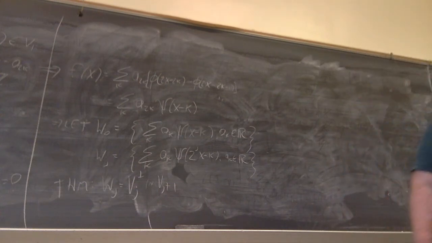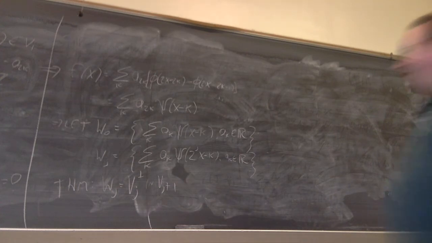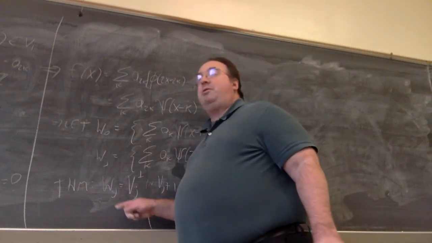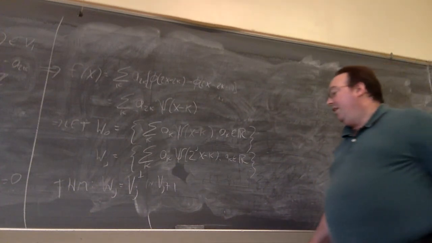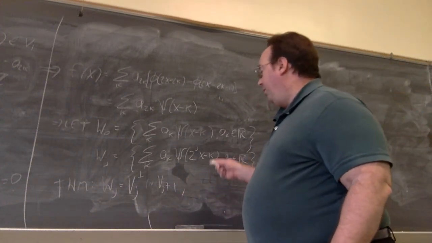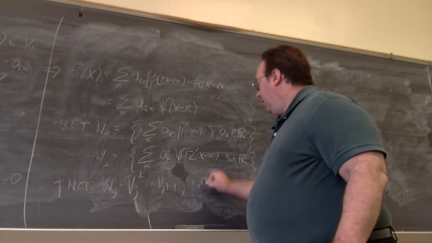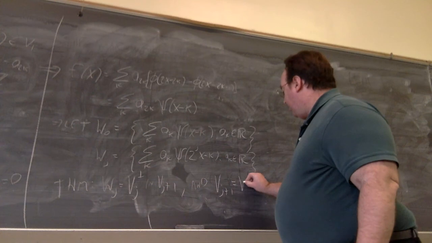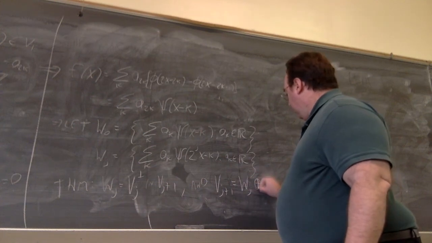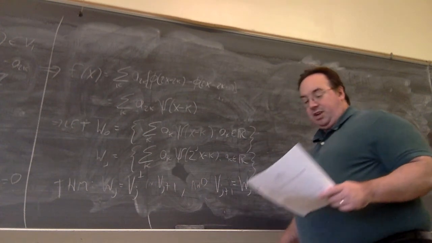So if you consider Vj plus 1, which contains Vj, to be like your universal vector space, then these two are subspaces of it and are orthogonal complements of each other. Furthermore, as a result of that, I can say Vj plus 1 is equal to the direct sum of Wj and Vj.